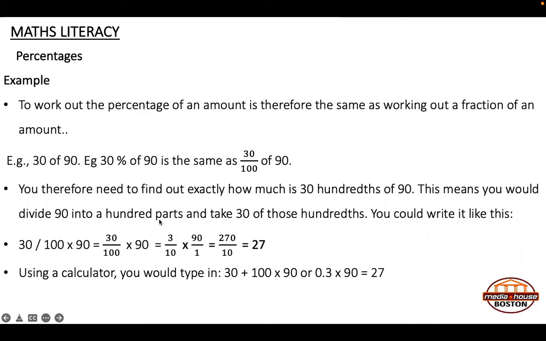You therefore need to find out exactly how much is 30 hundredths of 90. This means you would divide 90 into 100 parts and take out 30 of those hundredths, and you could write it like this, 30 over 100 times 90. Okay, and your answer would be 27.